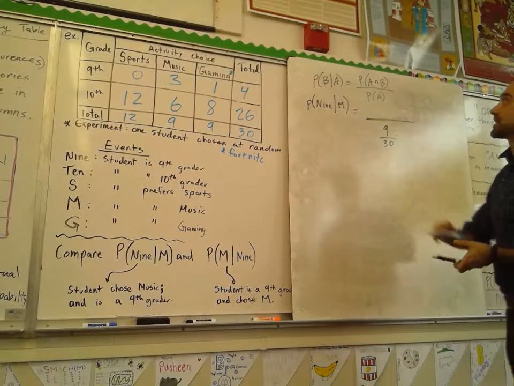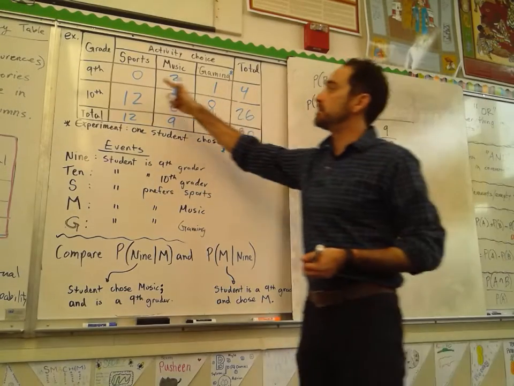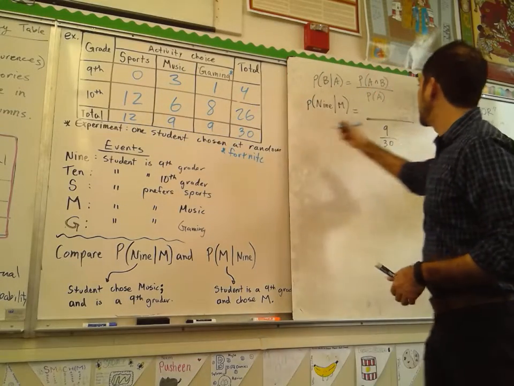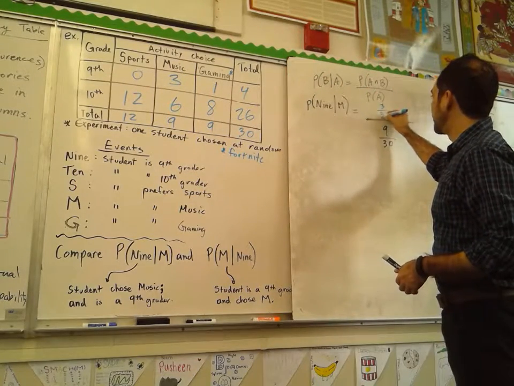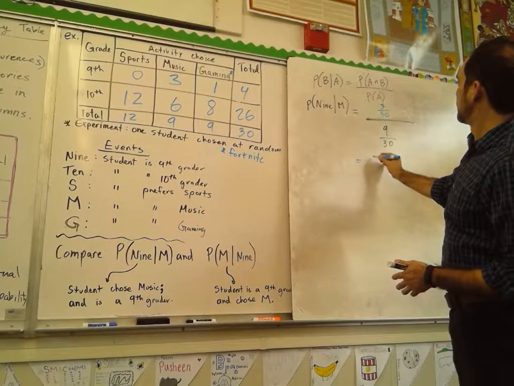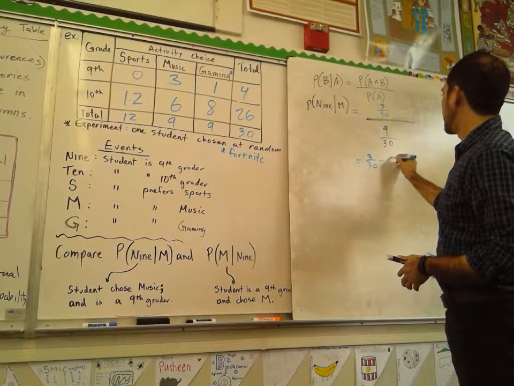So the intersection of A and B, the probability of that. A and B, they're talking about the ninth grade and the music. Right here is 3. 3 out of 30. So what we have here is 3 over 30 divided by 9 over 30.